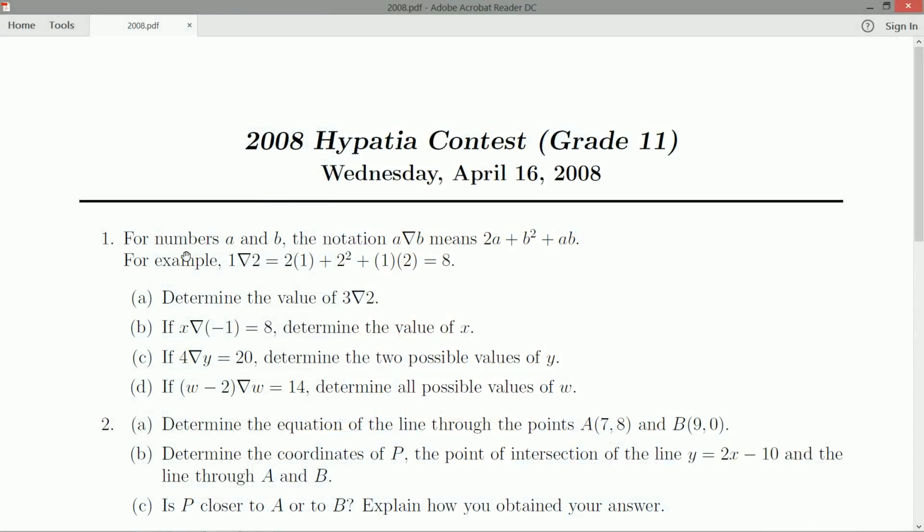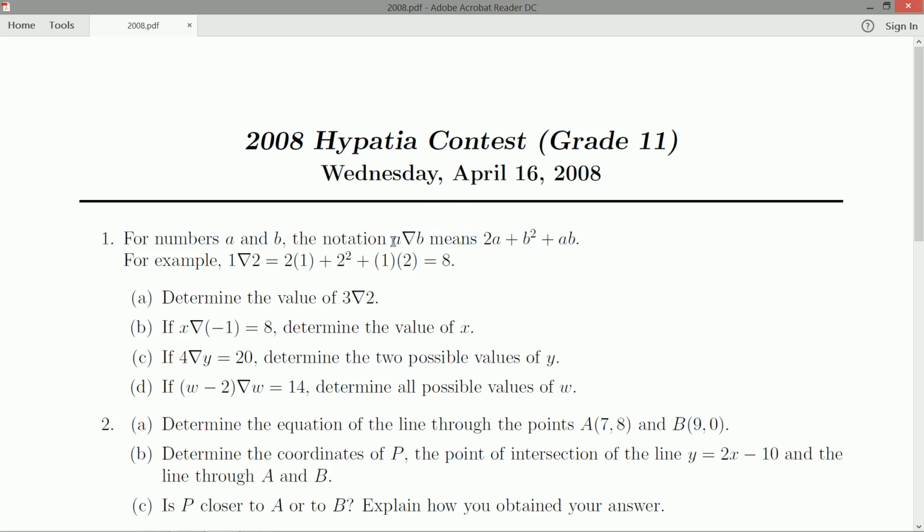Okay. For numbers A and B, the notation A, and this is an inverted triangle, I think from my 4th year differential geometry class, this is called nabla. But I really don't think it matters. We're just going to say triangle. A triangle B means 2A plus B squared plus AB.